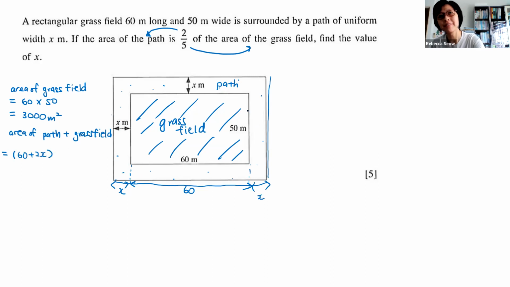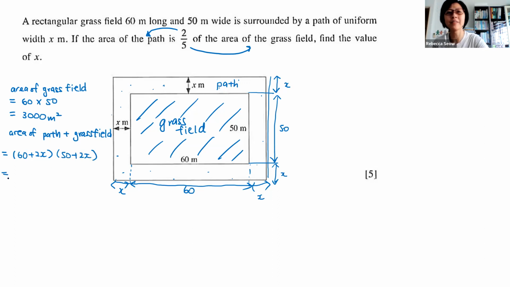How about the breadth then? Now, the breadth can be broken down into 3 smaller lengths, like that. This is also x. This is 50. And the one at the bottom is x. Hence, the breadth is 50 plus 2x.